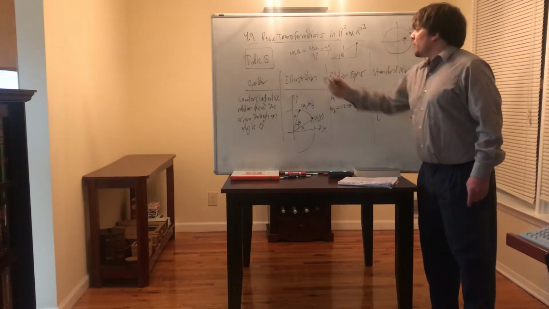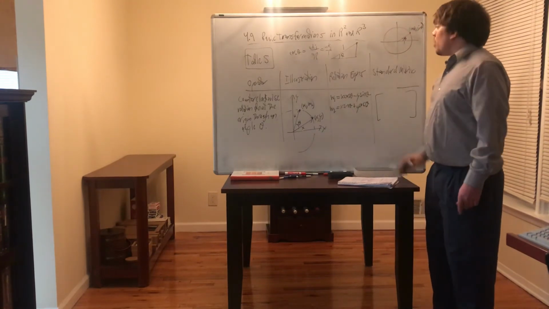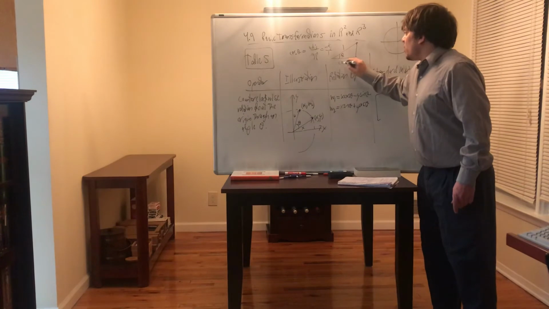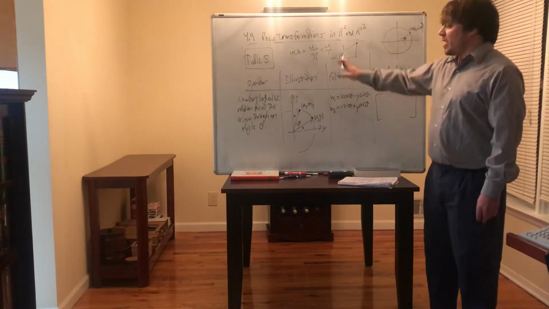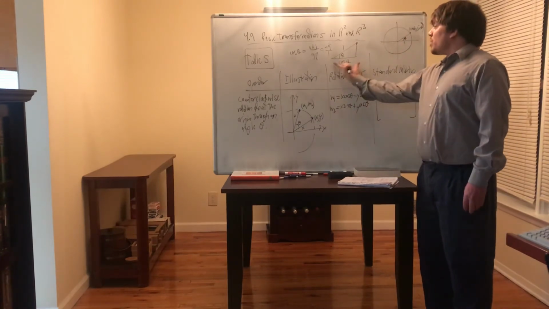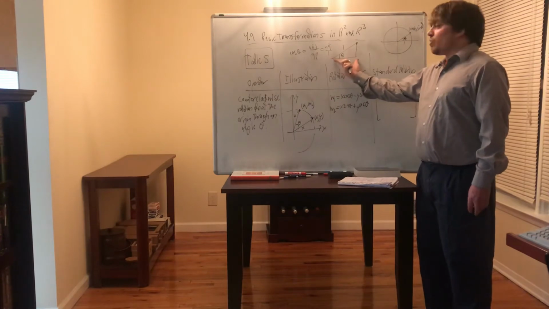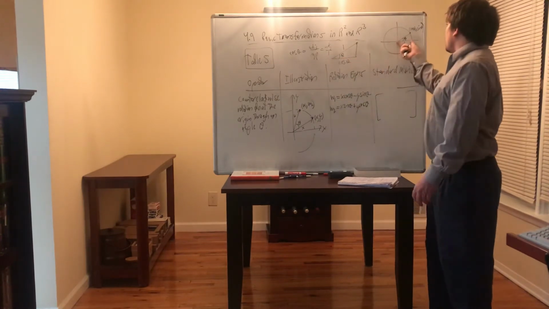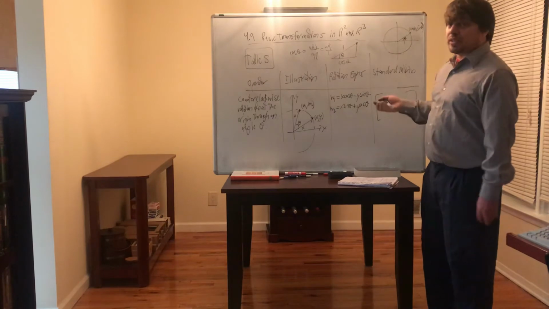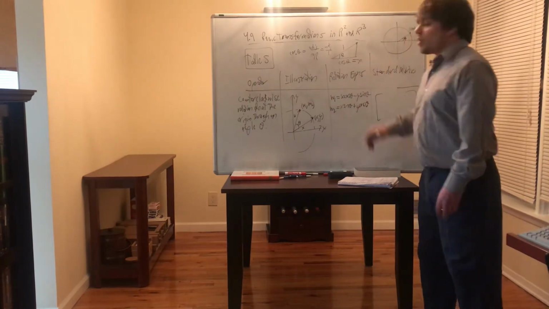So cosine theta is the length of the adjacent side of the triangle to that angle. That's this side. So cosine theta is the length of this side of the right triangle. But the length of this side of this right triangle is the x component of that point. So the x component of this point is cosine theta.